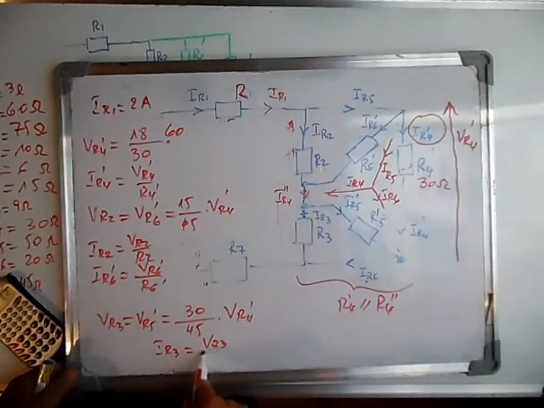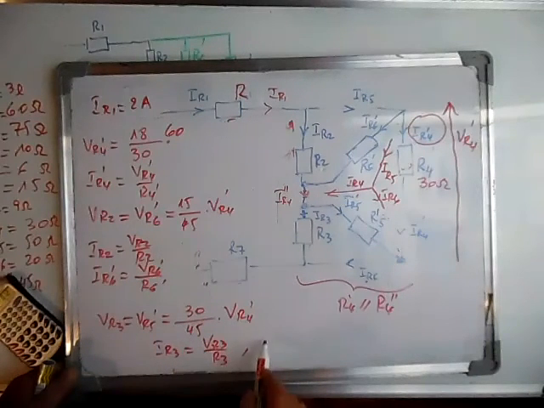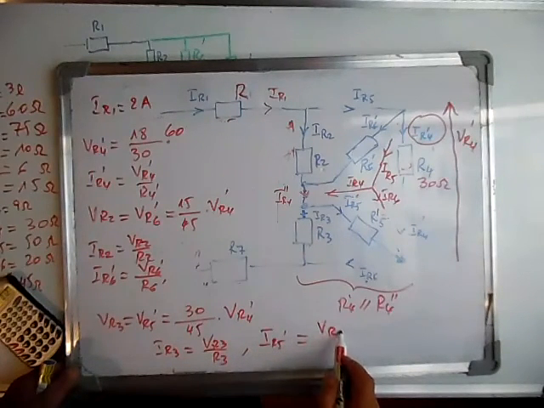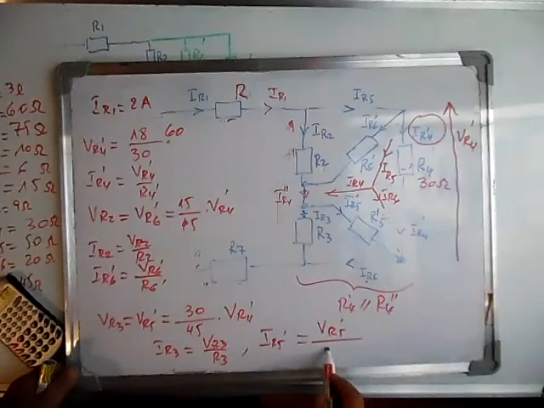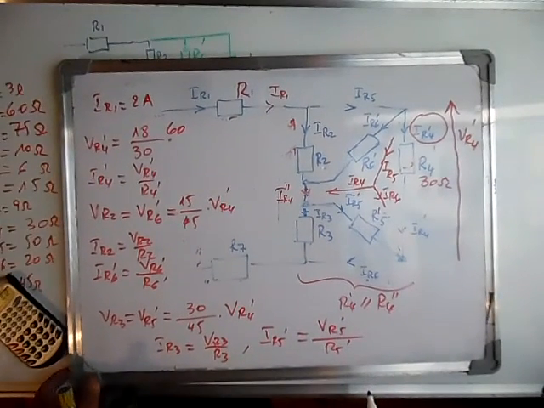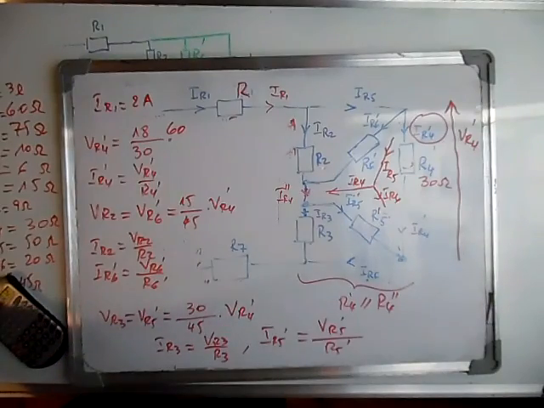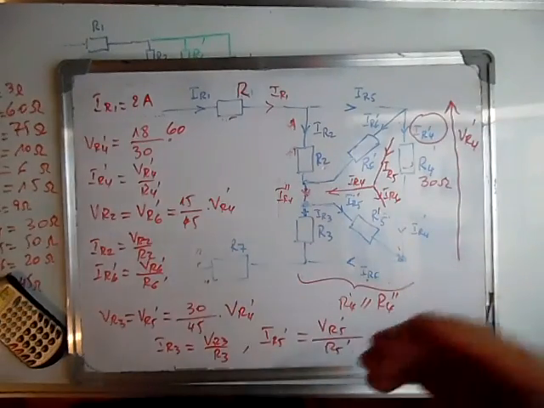This is VR3 over R3, and we can calculate IR5 prime, which is equal to VR5 prime over R5 prime. And that's it. We can use current divider, voltage divider, and Kirchhoff's law to calculate all the currents. And thank you very much.